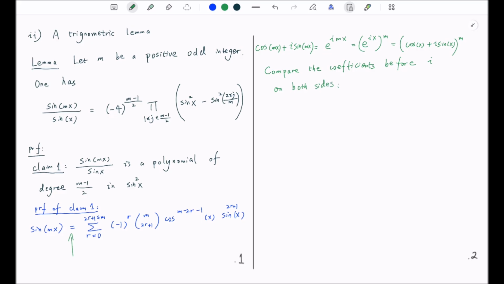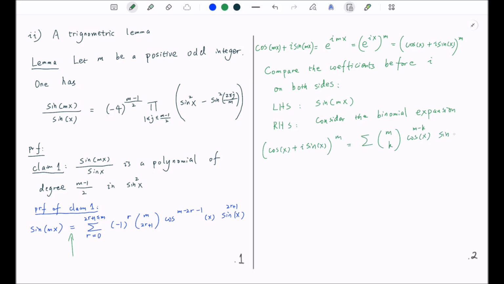The left-hand side is easy. We just have sine of mx. The right-hand side is slightly more complicated. We have to look at the binomial expansion for this. And we only have to focus on those terms that are imaginary, namely when k is an odd number.